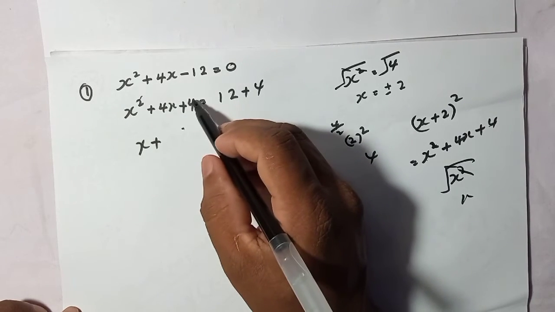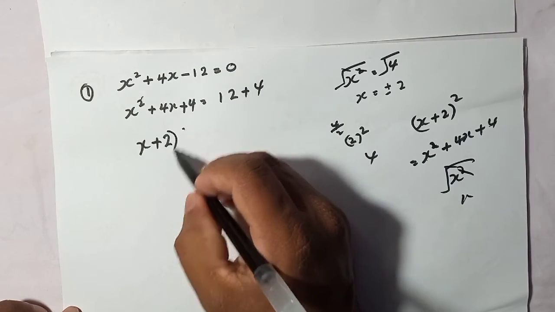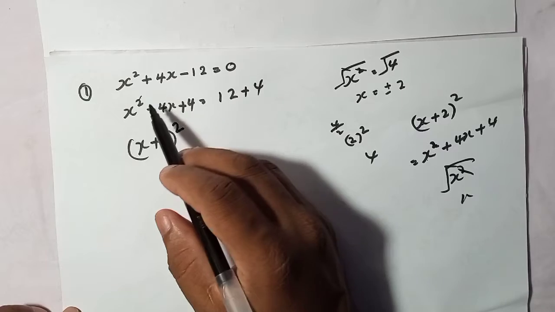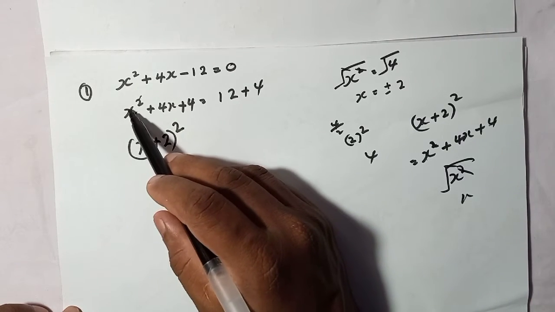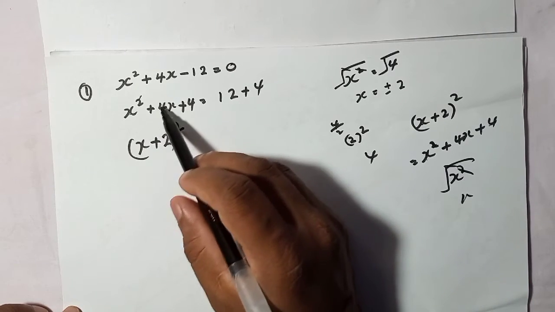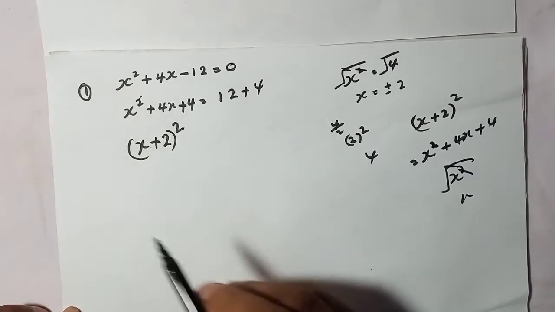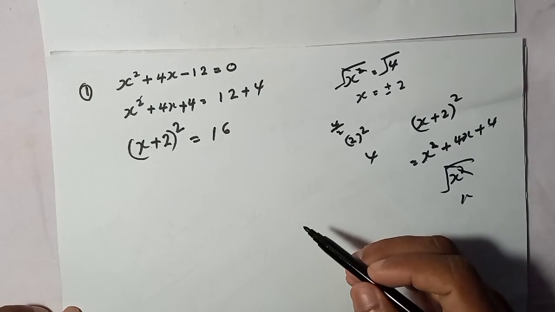Then the third term, square root: 4 square root means 2, right? Then write the complete square like this: first term square root, the middle term's sign, the third term square root, close the bracket, put the square, then equal to 16, right?